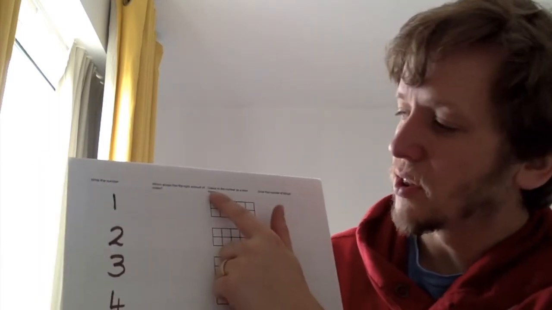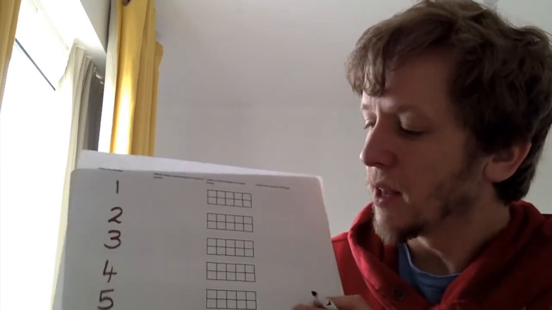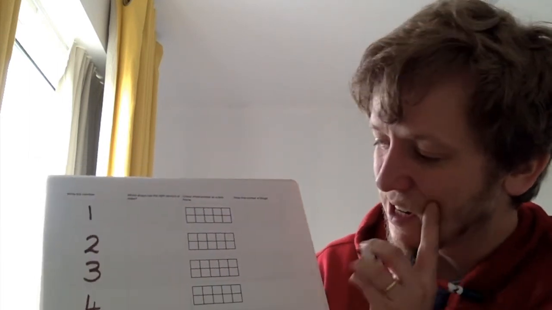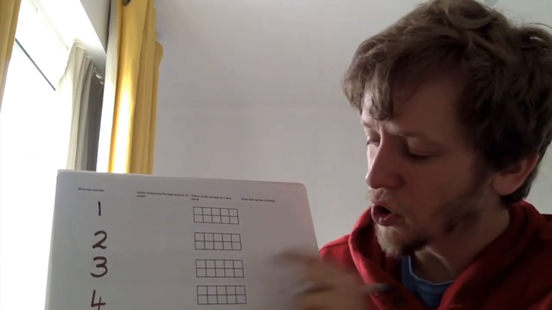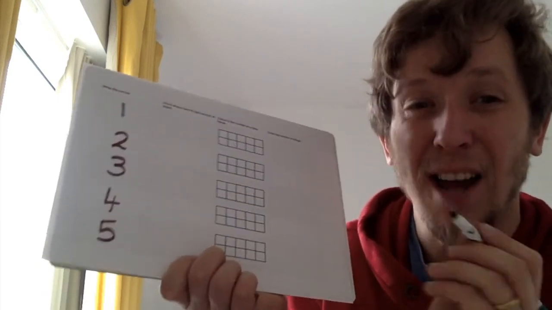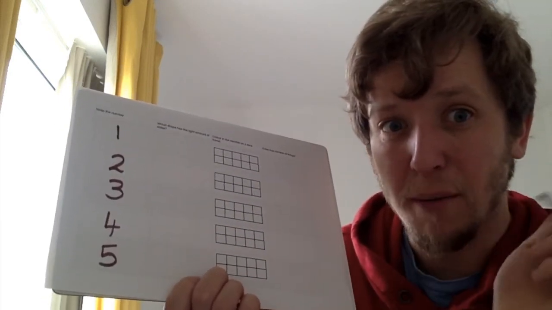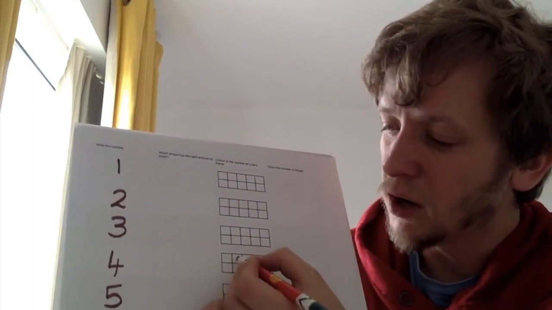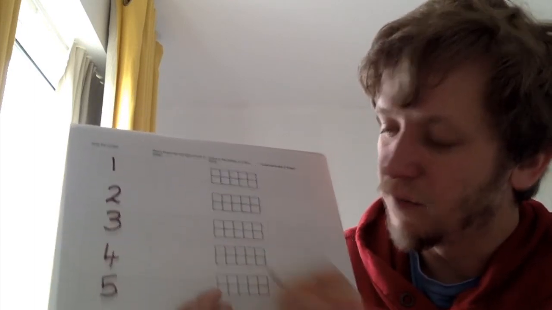Next question says, colour in the number on a tens frame. So let's look at the number 4 for this. So if I was going to do the number 4, I need to colour in 4 squares on this tens frame. Now, I always find the best way to do this is to start by putting a dot in each one that you want to colour in. So I'm going to colour in 1, 2, 3, 4.